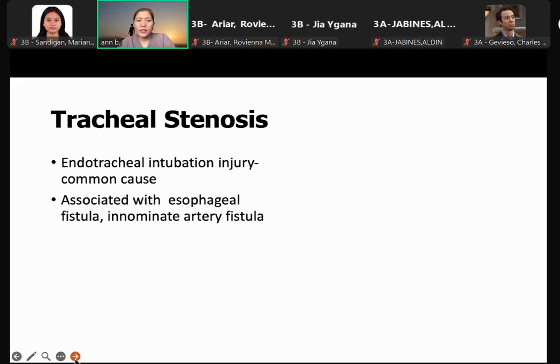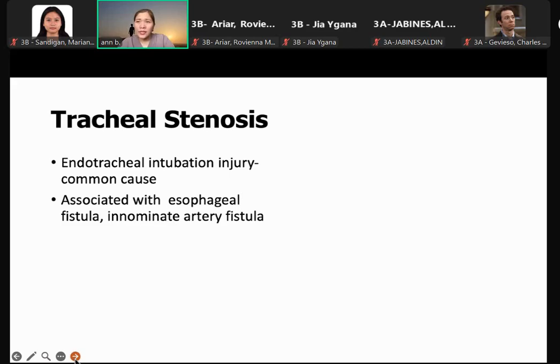It is also associated with esophageal fistula during the course of the stenosis, because it affects the walls of the trachea and can cause a fistula, an opening connecting to the mediastinal structures, and also to an artery.